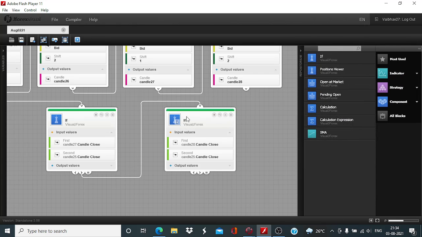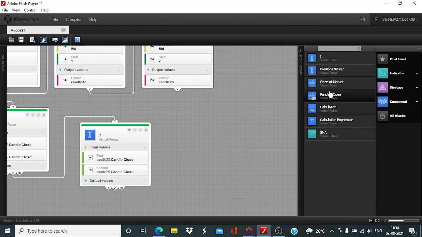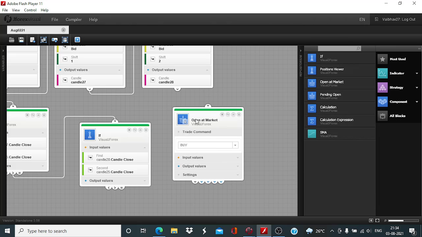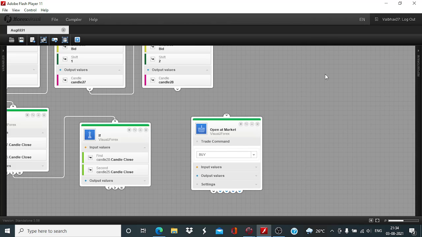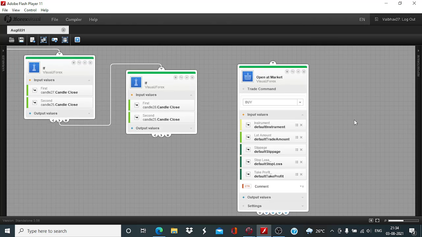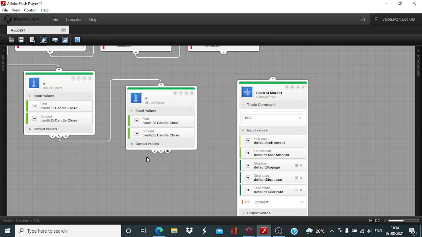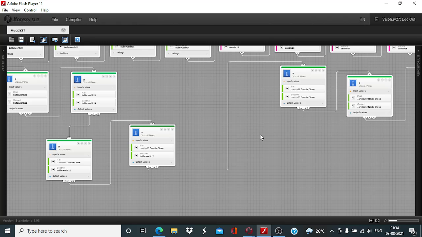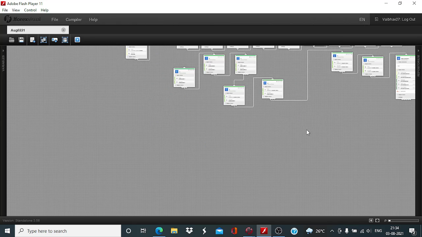And after that, we will add the trade command block, which will be a market order. So whatever is the current price, the trade will be executed at the current price. First input less than second input. Now let me arrange these 8 blocks on the lower side.